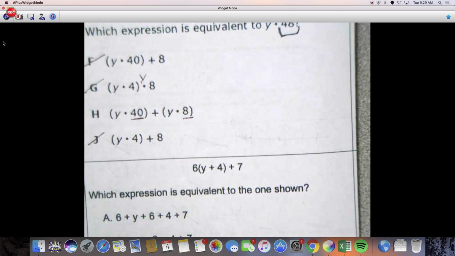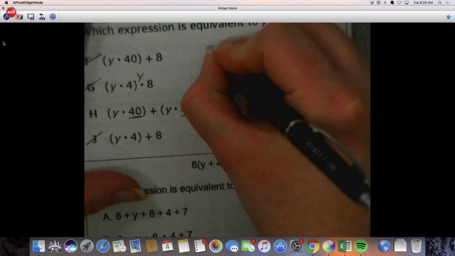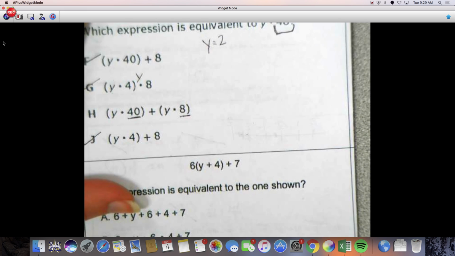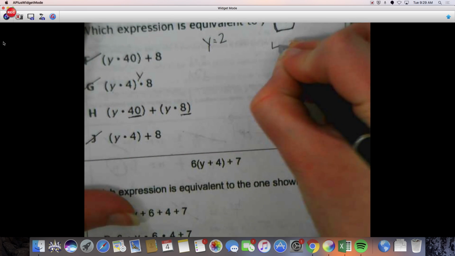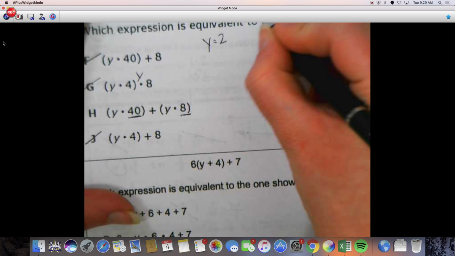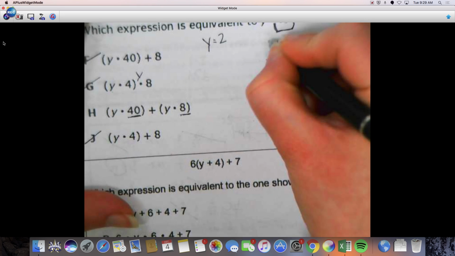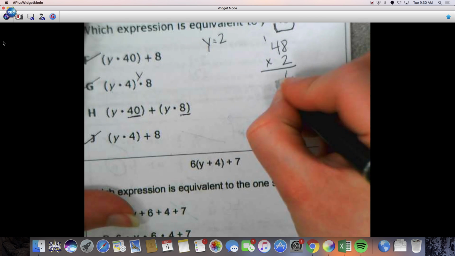Okay? And guys, here's a little trick. You can always make up a value for y and check. If I want to say y equals 2, I always pick 2 because it's easy. I know my 2 multiples really well. Then let's start by multiplying 48 times 2, my original problem right here. 8 times 2 is 16, so I carry my 1. 4 times 2 is 8 plus 1? 9.